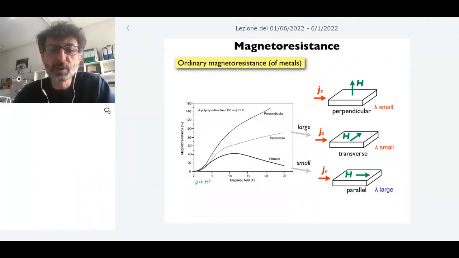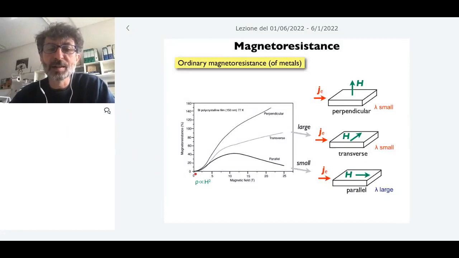Bismuth is a material where Hall effect and magnetoresistance effects are important as a metal. And so what do you find? You find that if you put a magnetic field that is laboratory scale, so even a permanent magnet or an electromagnet, you would not discover anything.